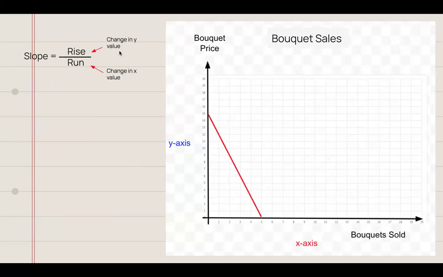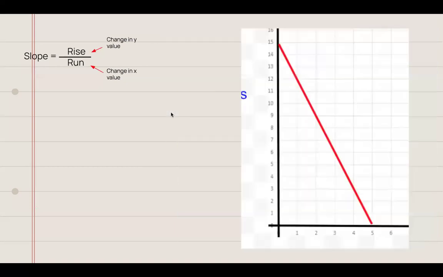So like we said, rise is the change in the y value, and run is the change in the x value. Let's take a closer look at this. So if we have this line here, I am going to determine my slope by picking 2 points in which the line intersects a whole x value and a whole y value.